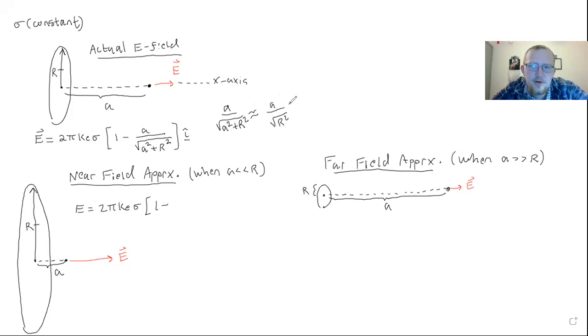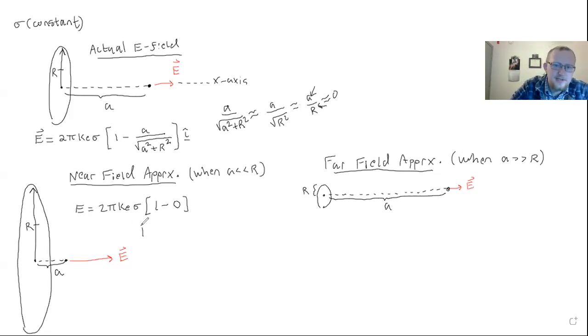If a is much, much smaller than R, which is essentially equal to this. And when we have something much, much smaller being divided by something much, much larger, it's approximately 0. So this second term, using the near field approximation, goes to 0.